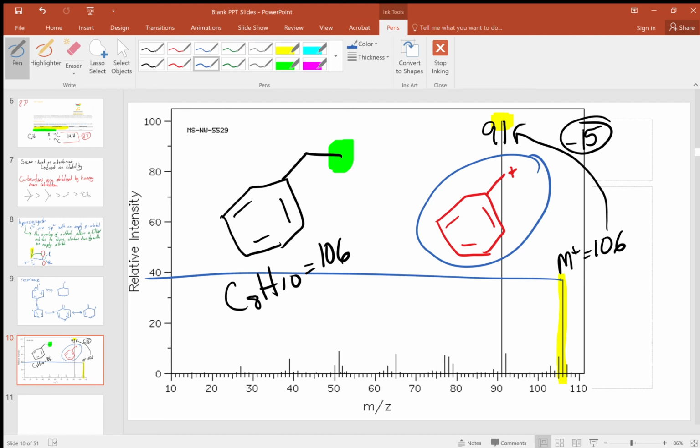The next one you might expect to see is if you fragmented off the entire ethyl group, which would just give you an aromatic ring with a positive charge. C6H5 plus has a mass of 77, and we do see that peak. It's fairly small, but it's here. But beyond that, we don't see a whole lot.